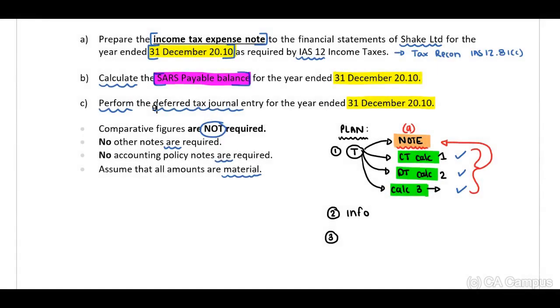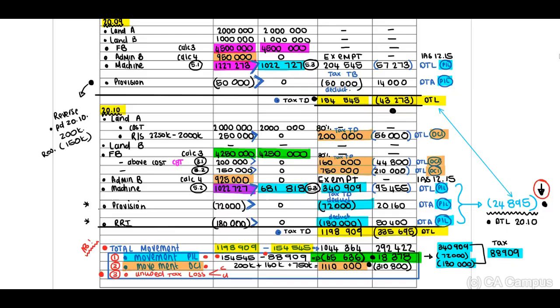In requirement C, we need to prepare the deferred tax journal entry for 31 December 2010. Therefore, guys, not our current tax, as I've mentioned in our previous recording. This should be our deferred tax. Refer to your deferred tax calculation.